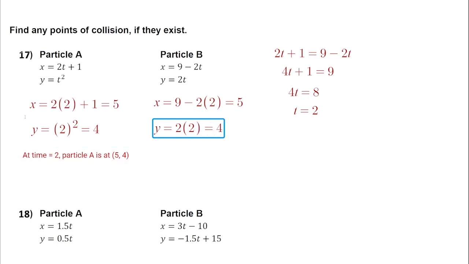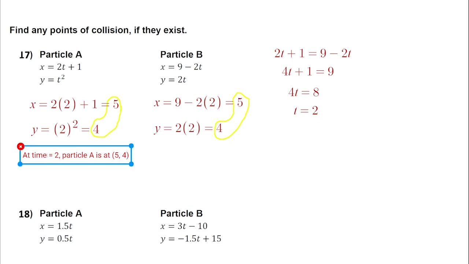So notice how the x's and the y's are the same, right? We've got 5, 4, 5, 4. So we can say that at time equals 2, the two particles collide at 5, 4.